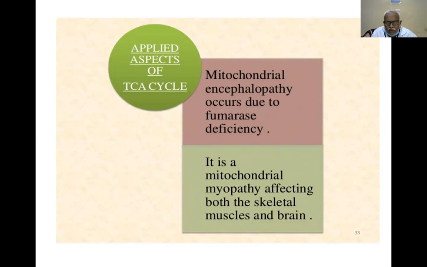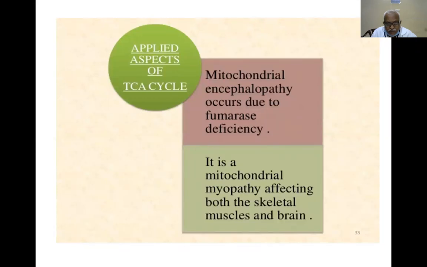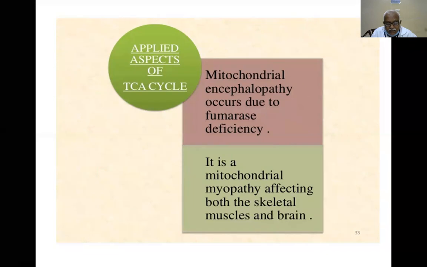Mitochondrial encephalopathy, we wish that nobody should get, and we should get healthy mitochondria from the mother, maternal mitochondria. As long as it is healthy, we are healthy. Otherwise, you can go to YouTube and see mitochondrial encephalopathy, fumarate deficiency, mitochondrial myopathy affecting the skeletal muscles and brain.